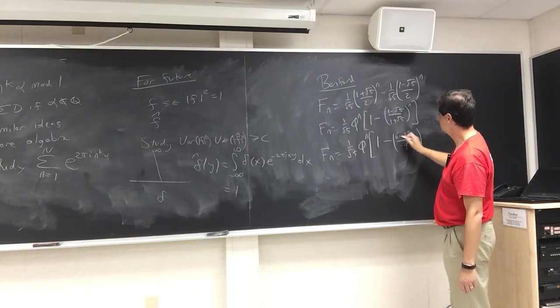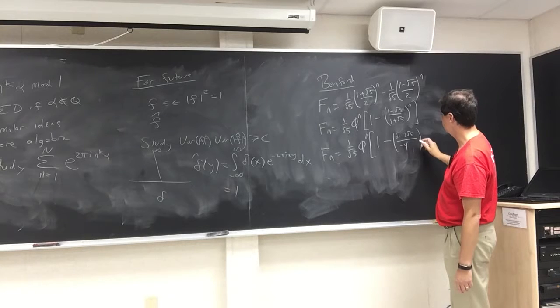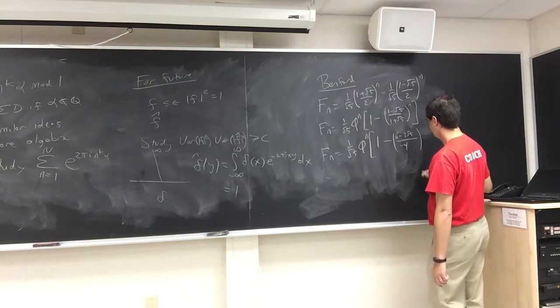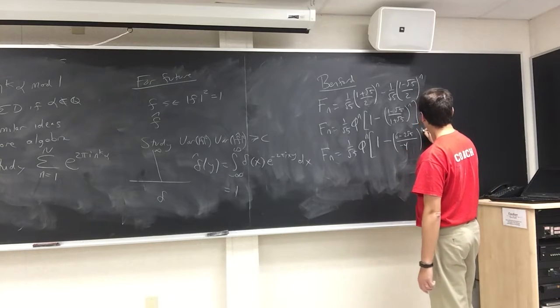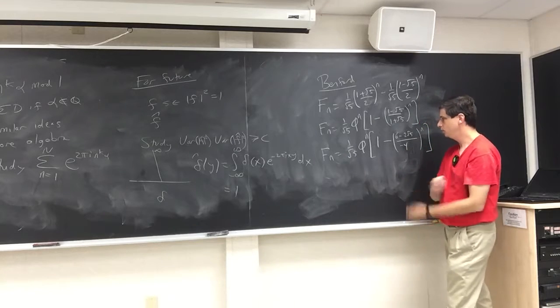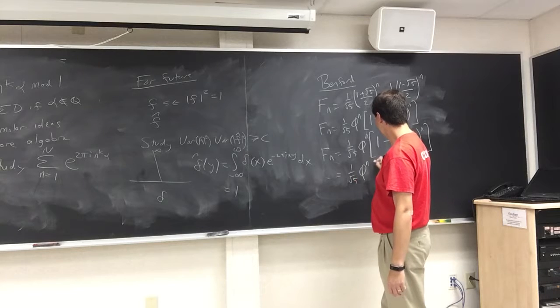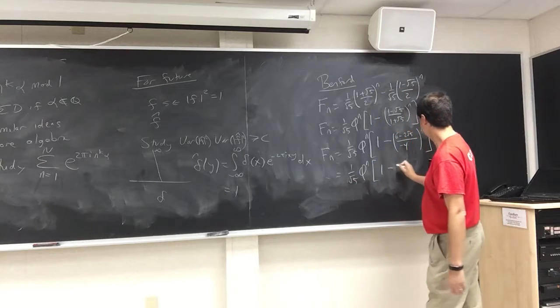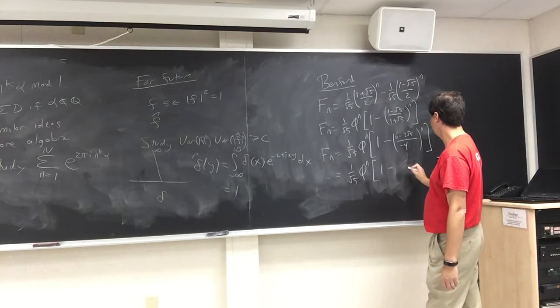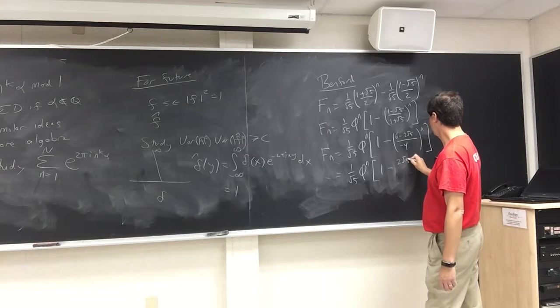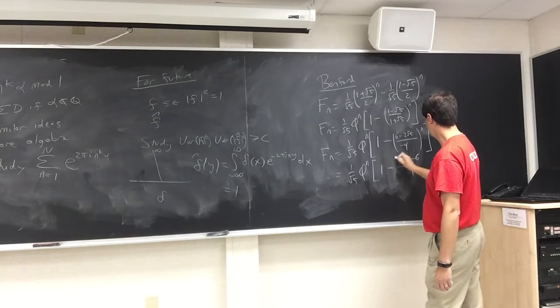So we get 6 minus 2 root 5 over negative 4. Okay? Or if we want, this is 1 over root 5, golden mean to the n, 1 minus (2 root 5 minus 6) over 4.